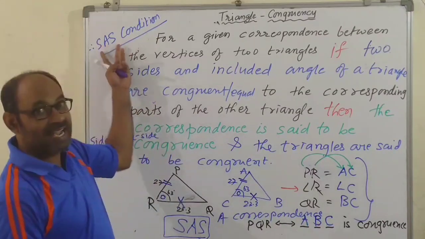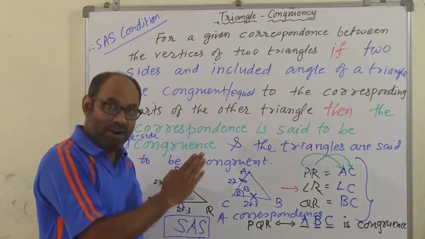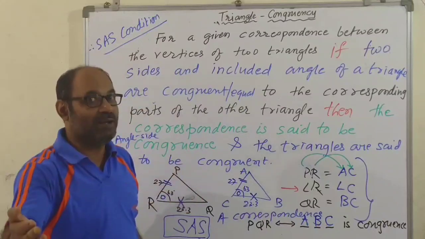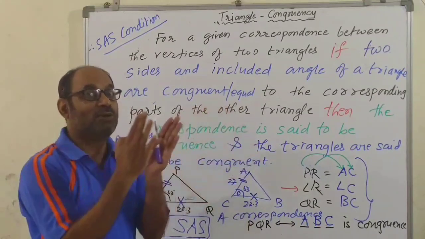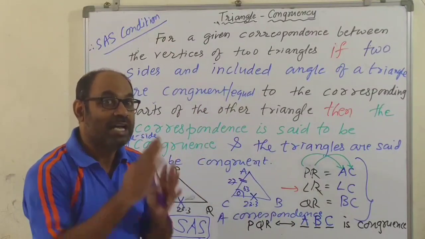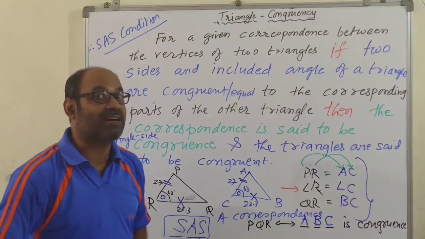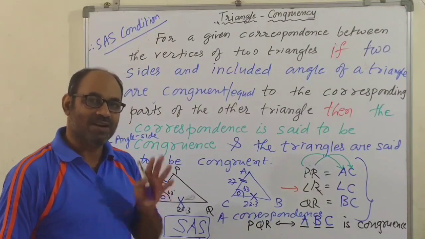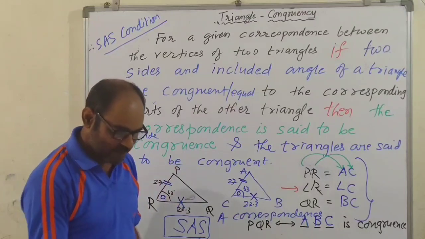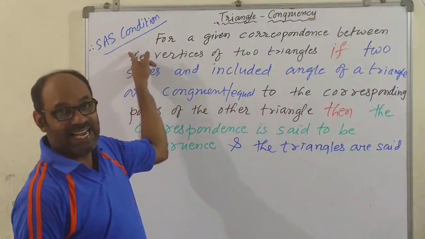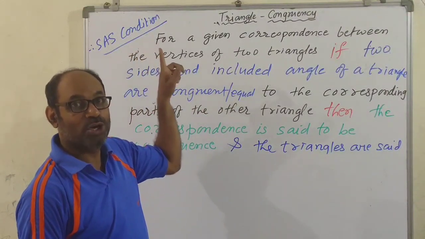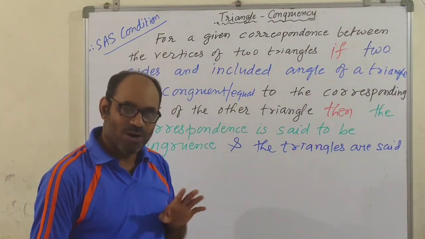So even if two sides and included angle of one triangle are congruent to the corresponding parts of the other triangle, then the two triangles are automatically congruent. That means their remaining three parts are also congruent, corresponding parts. Okay. So we have seen one condition, shortcut, to show that the two triangles are congruent.